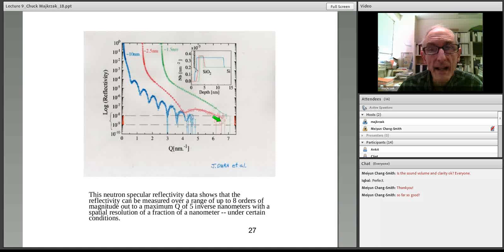But again, we need to collect reflectivity over such a range to be able to get the full scattering length density depth profile picture with a resolution that's 2 pi over that maximum Q that we can measure to, so that to get, let's say, something like 0.5 nanometer spatial resolution in these profiles, we need to measure out to almost 0.7 reciprocal angstroms in wave vector transfer. And I'll show you a case later on in part 4 where that has in fact been done for a biological system.